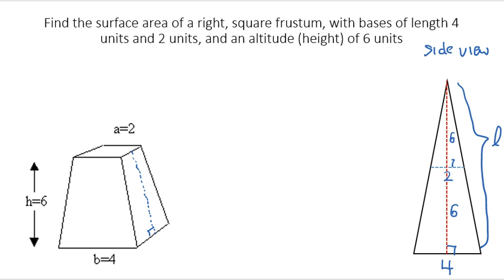So with right triangles, half of this base, if the whole base is 2, is 1. So this base right here is 1. If the whole base is 4 on the bottom, half that base is 2.